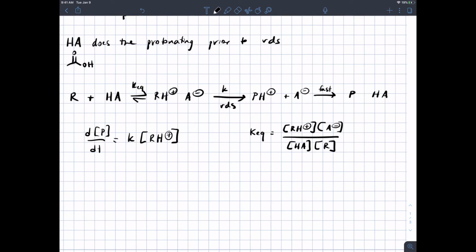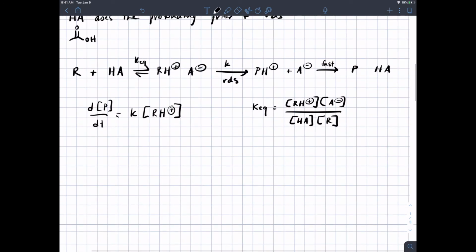So we can do a little bit of algebra. We want to get RH+ alone. That means we're going to multiply both sides by the denominator, HA times R, and then divide both sides by the concentration of A minus. And that will allow us to write a new expression for the rate law that depends on the concentration of R, the concentration of the acid, and the concentration of the conjugate base.